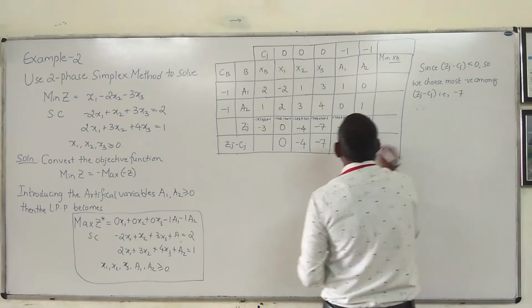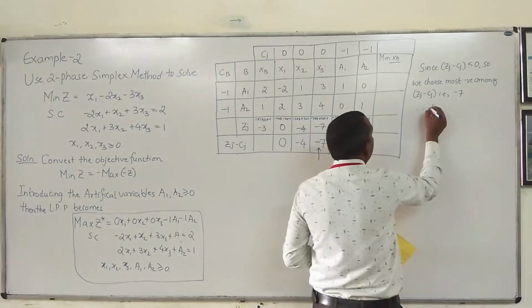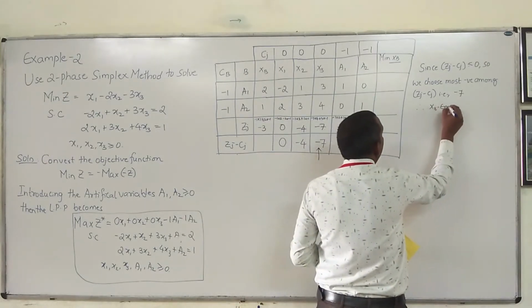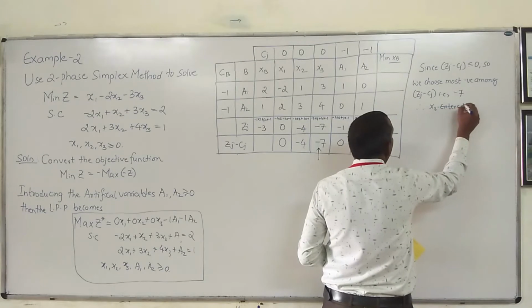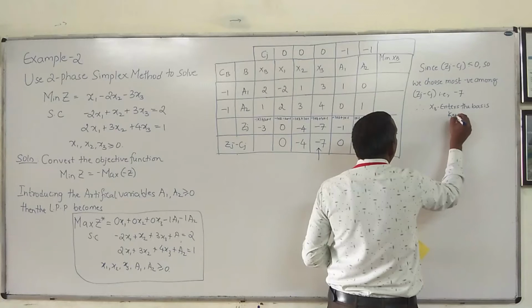Therefore, minus 7 is the most negative. Therefore, x3 enters the basis, that is the key column.